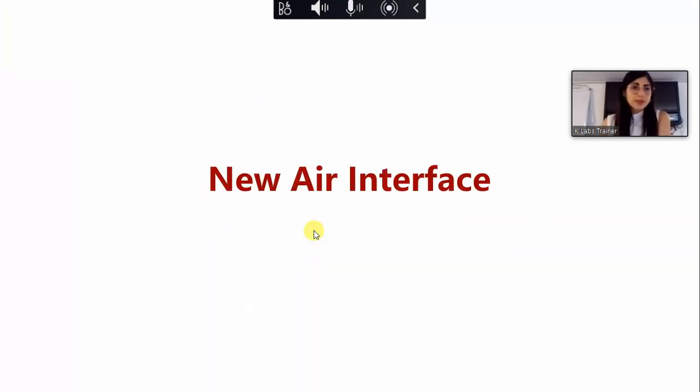So we talked about the new architecture of our 5G network, but what about the new air interface? In the 5G air interface, we have some enhancements with respect to the 4G air interface, and also we have some new technology that has been introduced.